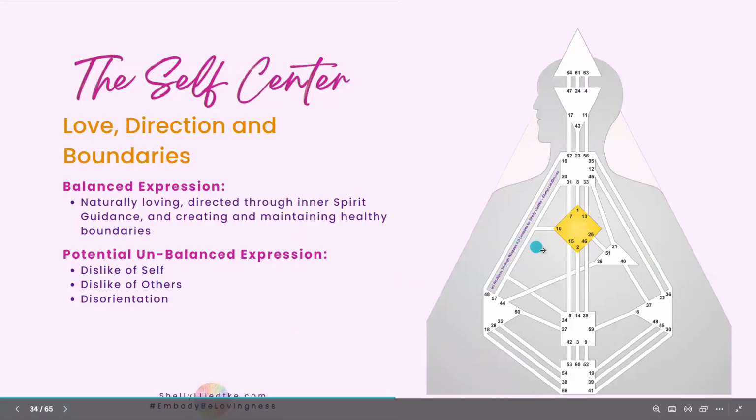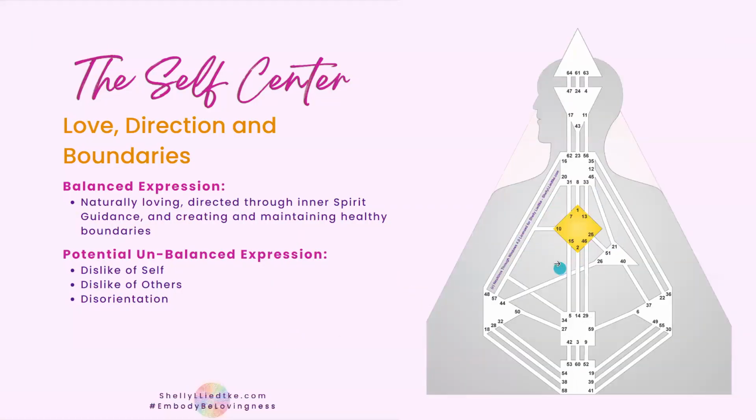Okay, and on to the self center here. This is the little yellow diamond in the center of the body graph. And on the mandala wheel, all the rays of light, if you will, from all the gates and the astrological activations in the body graph converge at the self center, like rays of light.